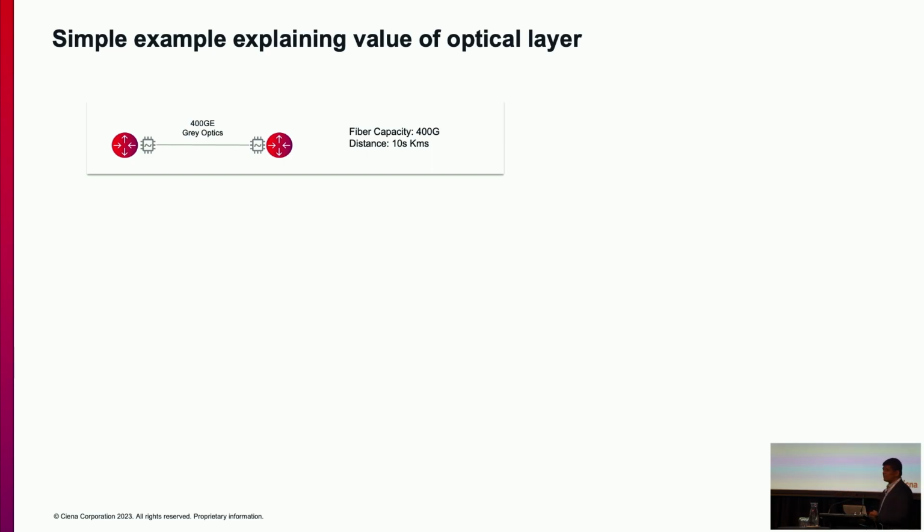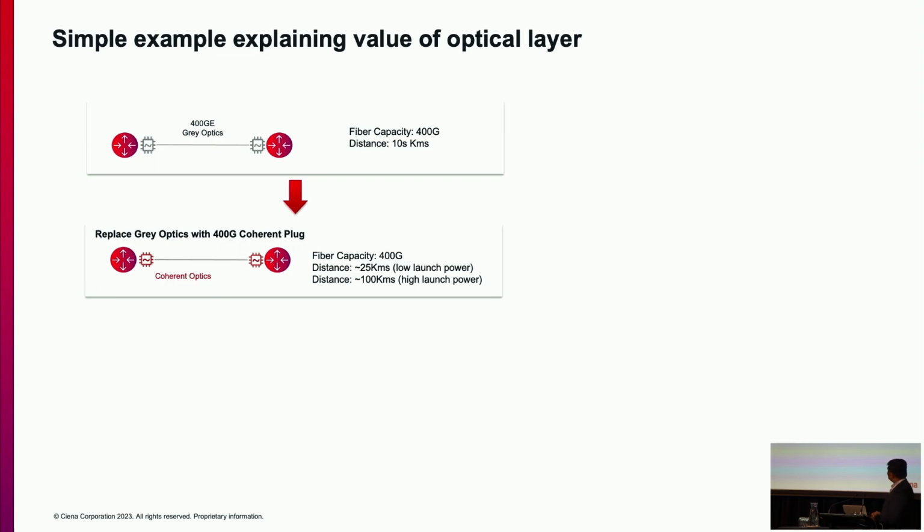Let's take two routers. They are connected with gray plugs, 400 gig. And when we look at this link, the total capacity of the link is around 400 gig, and the distance that it could travel would be around tens of kilometers, not much. Taking one step ahead, if we replace those gray plugs with coherent plugs and do nothing else, just replace these plugs, either with QSFP-DD or QSFP28, the total capacity would still remain 400 gig.